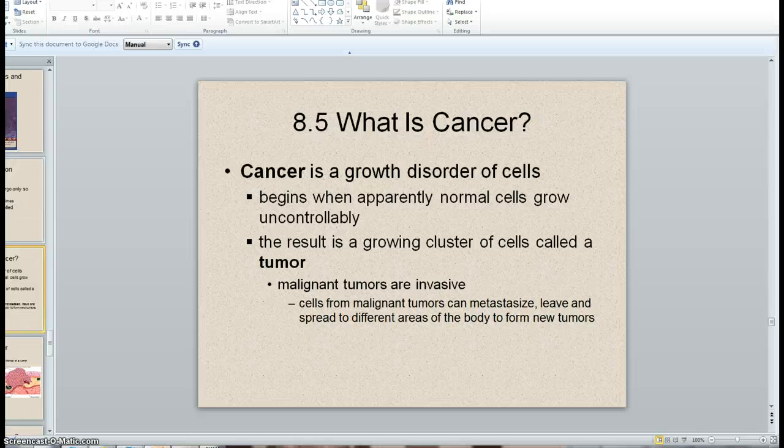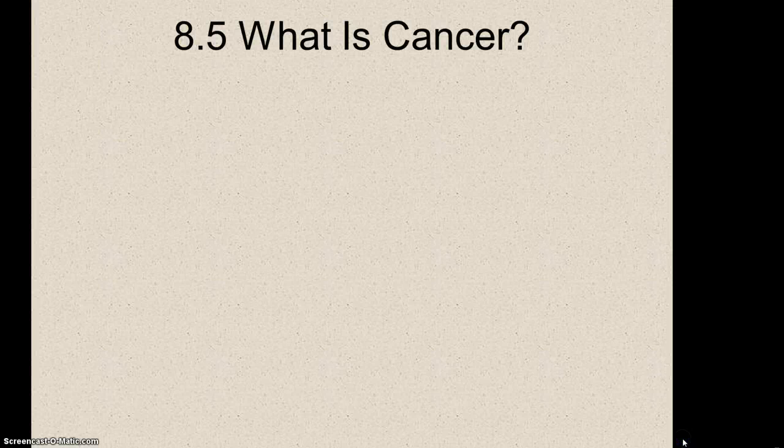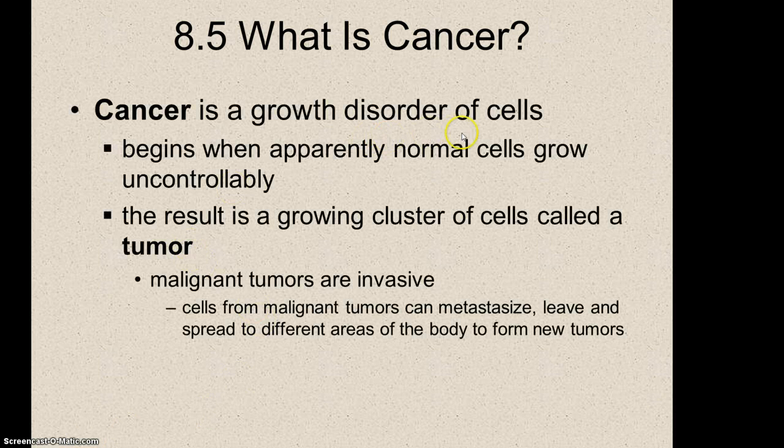So now let's talk about cancer. What is cancer? Well, cancer is a growth disorder of cells, and basically it means that normal cells grow uncontrollably, and we get a tumor, a mass of cells that just keep dividing.